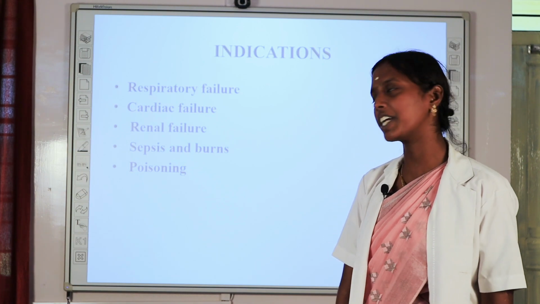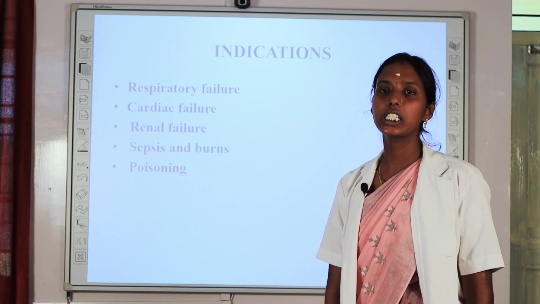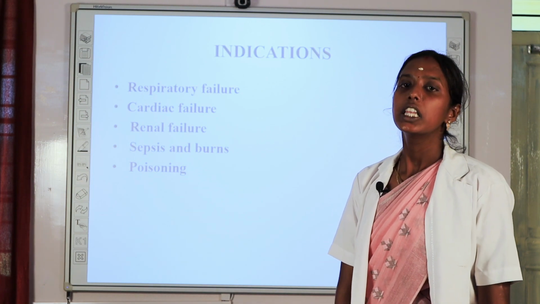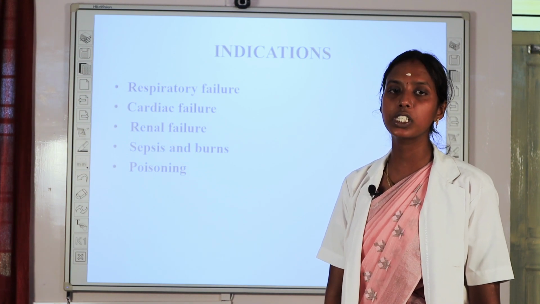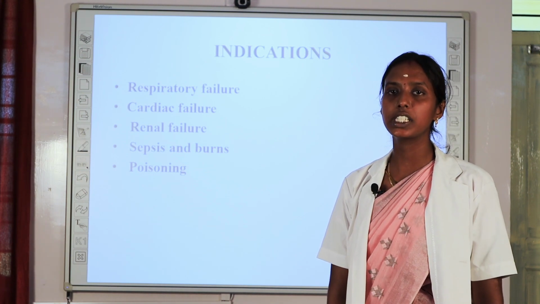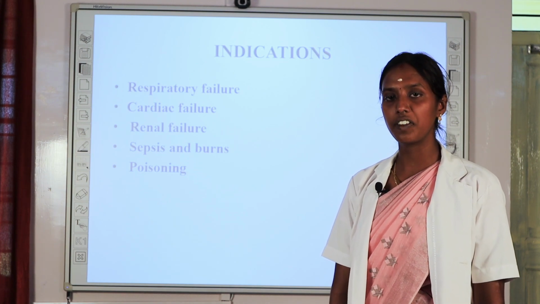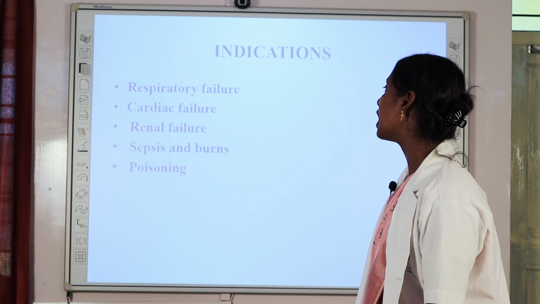Next is cardiac failure or heart failure. In this condition, the patient is associated with pulmonary edema, which leads to respiratory acidosis. Respiratory acidosis is nothing but the pH level is less than 7.35 and the PaCO2 level is greater than 45 mmHg.